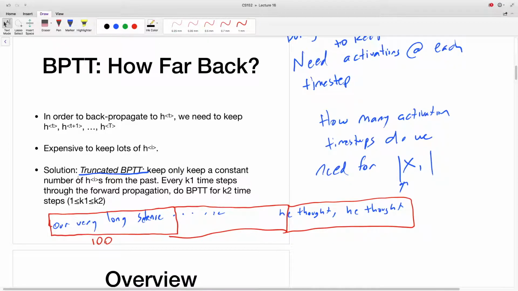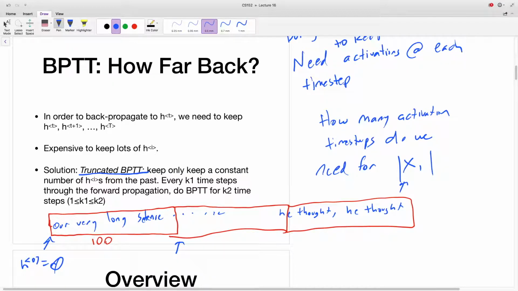You know how, when we normally start out, what's our H0 as we come in here? We just use all zeros because we don't have anything better to do. Well, what we can say is let's make this parameterized so that we can feed in whatever hidden state we want whenever we're starting our forward propagation.